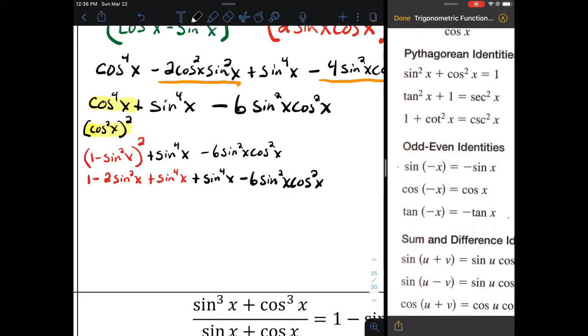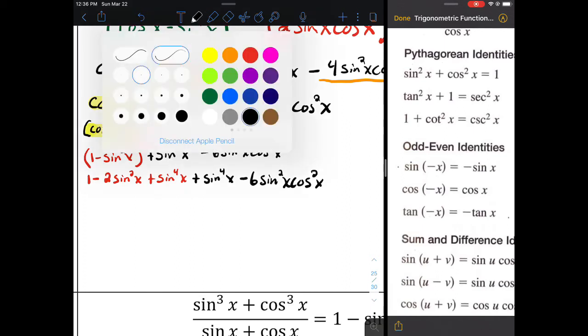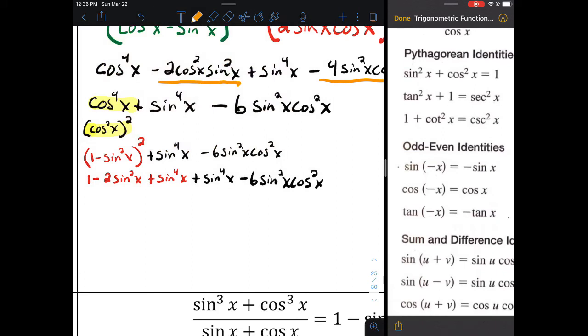Now, from here, I kind of have to get my thoughts together for a minute. What I'm going to do is work here and say, all right, I'm going to try to pull out the common factor.